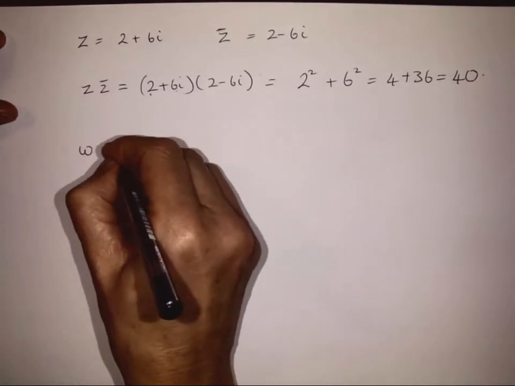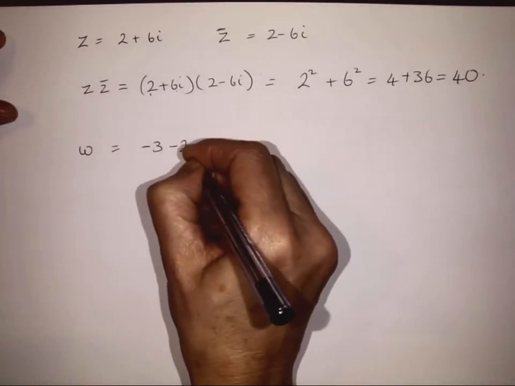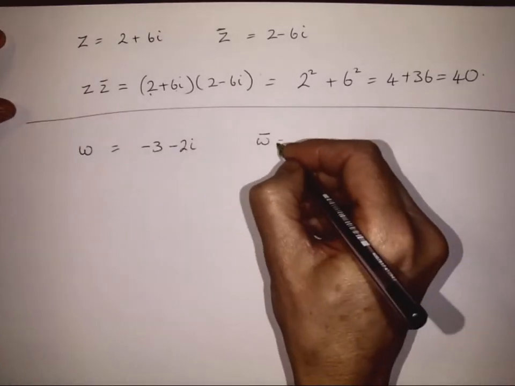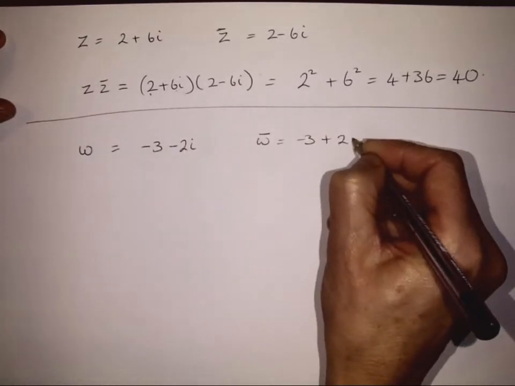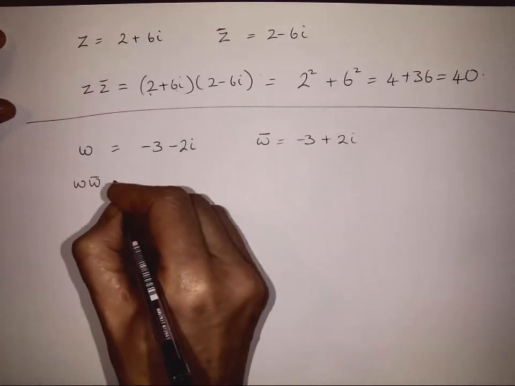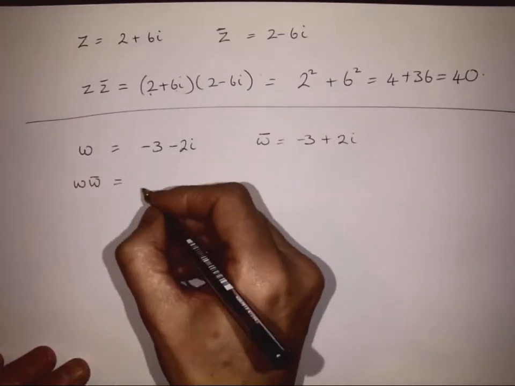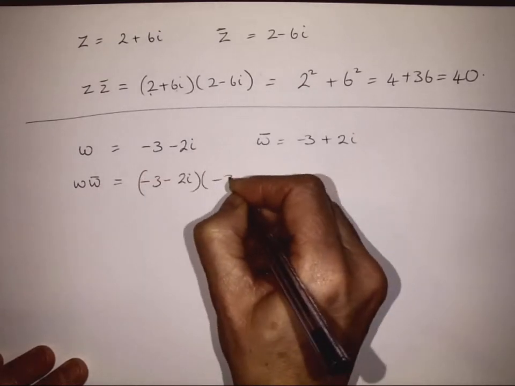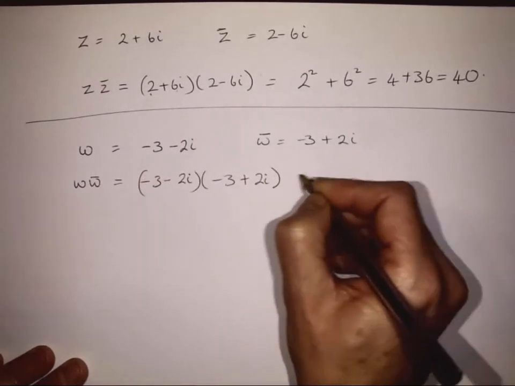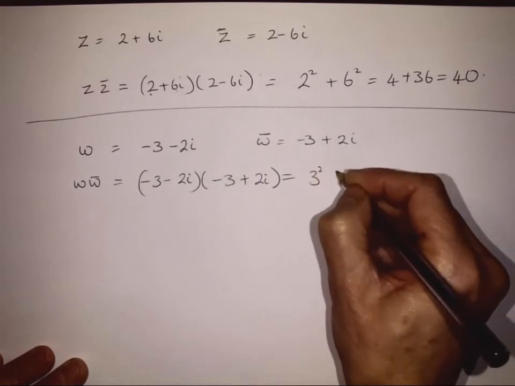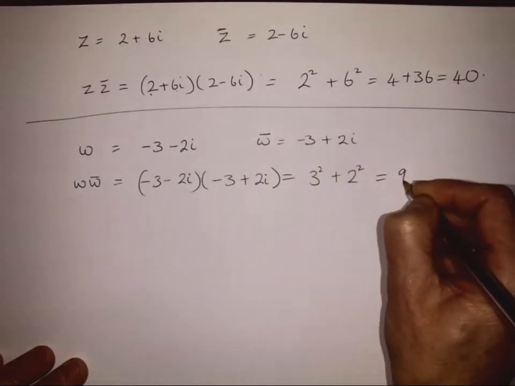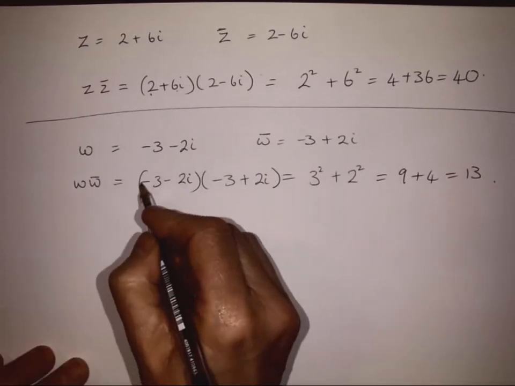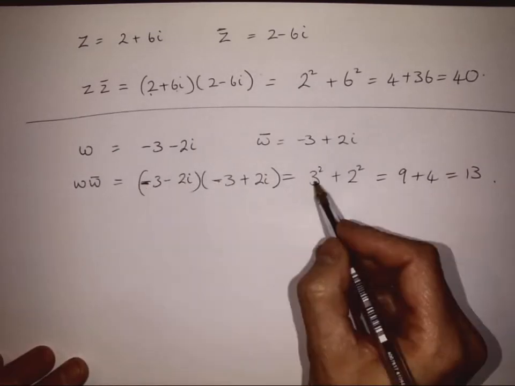Therefore, w bar is going to be minus 3 plus 2i. And if you multiply the number w with its conjugate, minus 3 minus 2i times minus 3 plus 2i, we're basically saying 3 squared plus 2 squared is 9 plus 4, which is 13. You know, these minuses are going to cancel out, so you could say minus 3 squared, but it's the same thing in the long run.